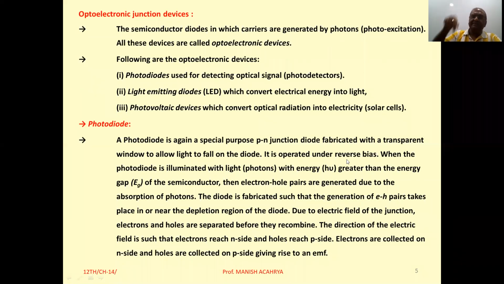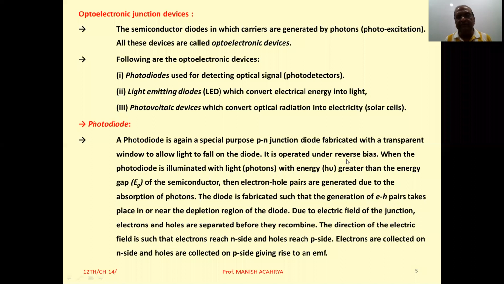Now if this incident energy is greater than the band gap energy of the semiconductor, then electron hole pairs are generated due to absorption of this energy by electrons. Because if an electron absorbs this energy which is greater than the band gap energy, then the electron will be excited and transferred to the conduction band.